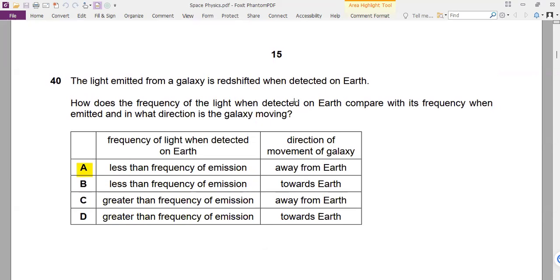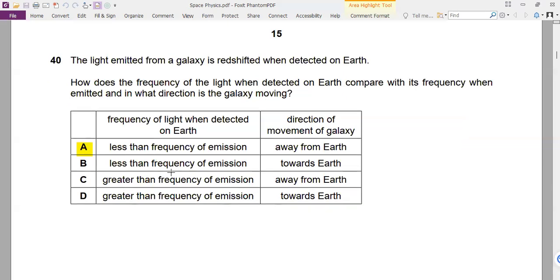If it is a redshift, it has always less frequency because of the increased wavelength and it is moving away from the Earth. If it is a blue shift, it will have a greater frequency and it is moving towards Earth. So here, redshift, so it is A, alpha.